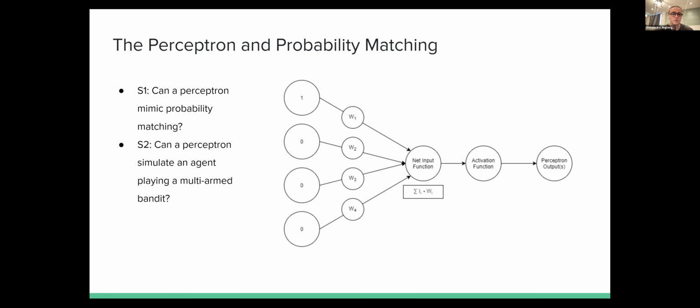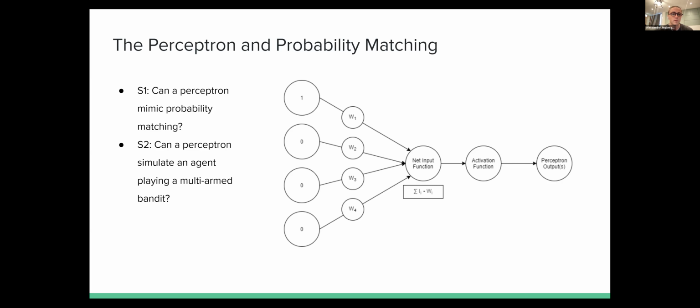And first, we tested whether a perceptron was able to mimic the matching behavior. We trained it to change the connection weights in accordance with the reinforcement probabilities. Then in the second part, always using a perceptron, we tried to simulate the multi-armed bandit problem.